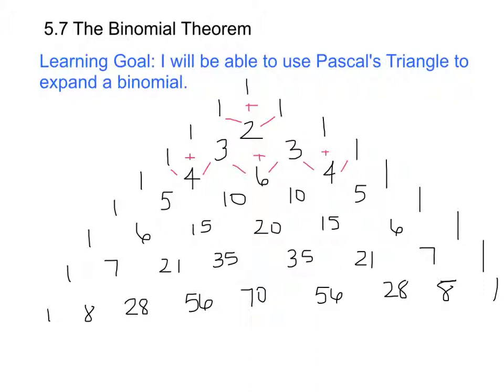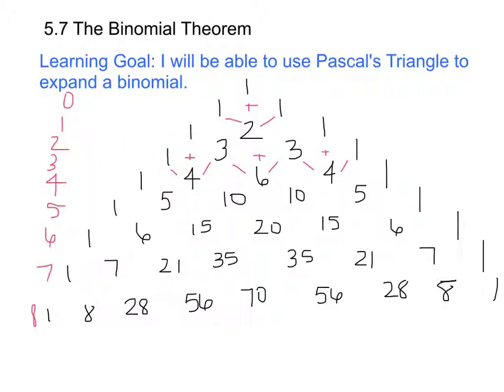Okay, so these numbers represent the coefficients when you're actually expanding your binomial. So, for example, the first one is row 0. The next one is row 1. This is row 2, row 3, row 4, row 5, 6, 7, 8. So I've done like 8 rows. The rows represent the power on the binomial.